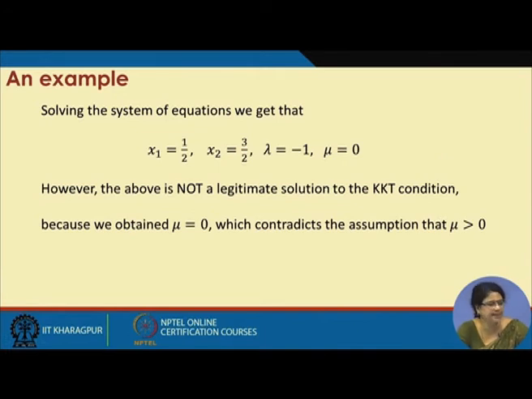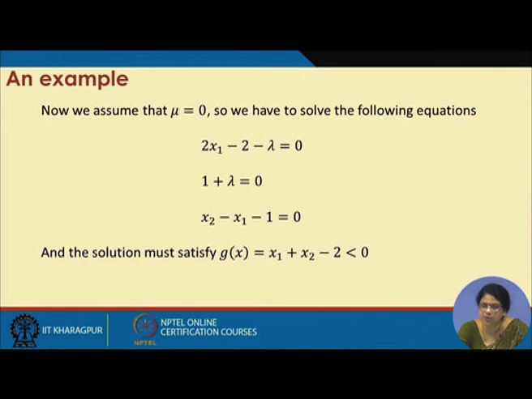Let us go to the next, that is mu is equal to 0. If we consider mu is equal to 0, what does it mean? The corresponding constraint, that is x1 plus x2 less than or equal to minus 2, is of type less than. That is why that constraint is an inactive constraint, not the active constraint, since mu is equal to 0. Alright.